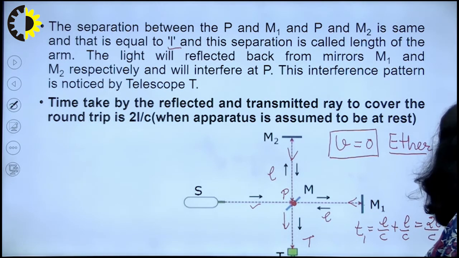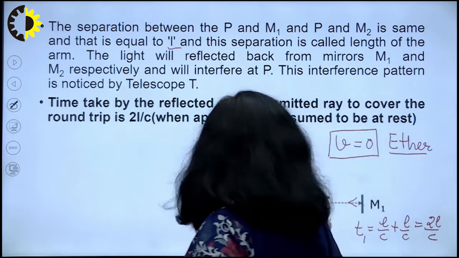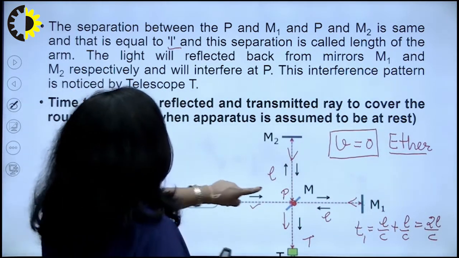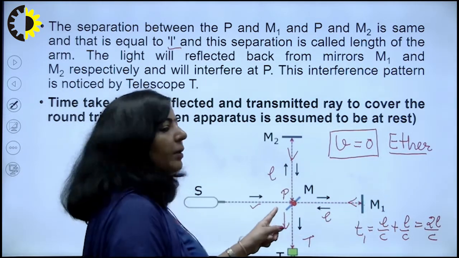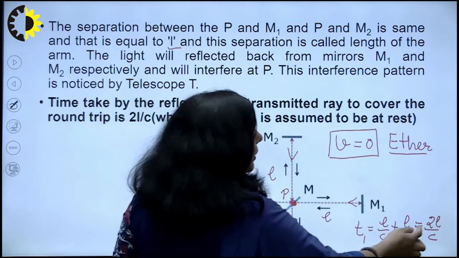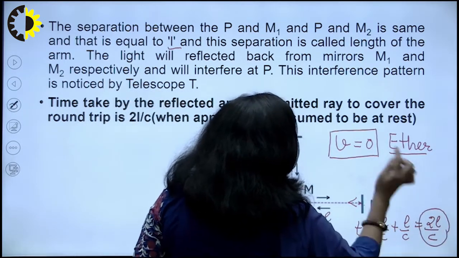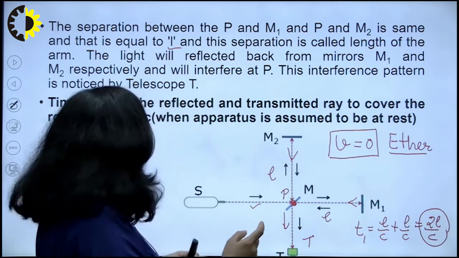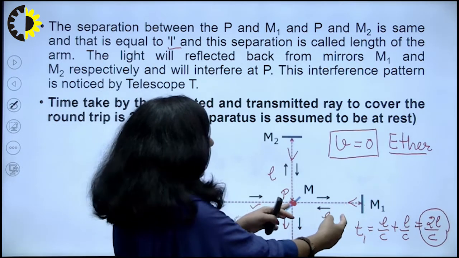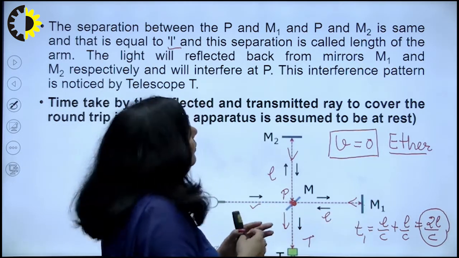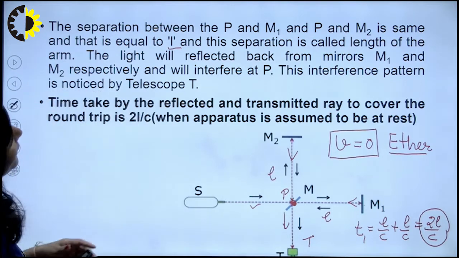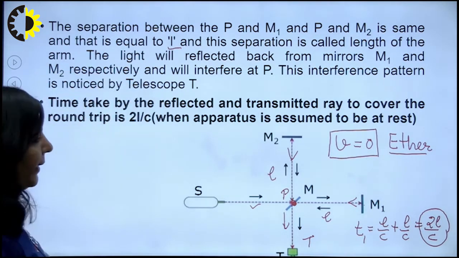So the time taken by this ray to move from glass plate to mirror and back to the glass plate is equal to 2L by c. Where L is the distance between the glass plate and the mirror, or you can say the length of the arm, right?